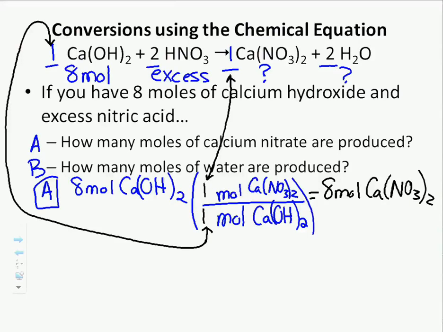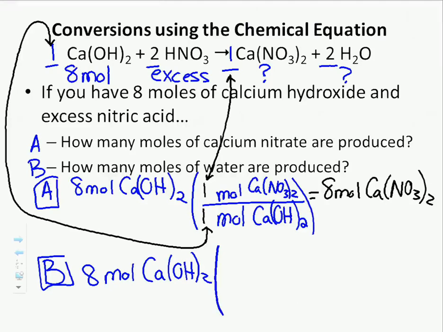So let's do letter B for practice. Letter B says you're starting out with 8 moles of calcium hydroxide. Because I'm trying to get from moles of one substance to moles of another, that tells me I use the coefficients. So moles of one substance to moles of another, you have to use the balanced chemical equation. So once again, I pull the coefficients out of our equation.